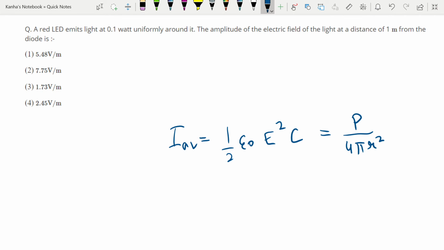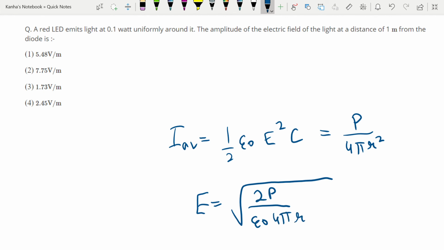That is why I can write that my E is nothing but the root of 2 times P divided by epsilon naught into 4 pi into r square into c.